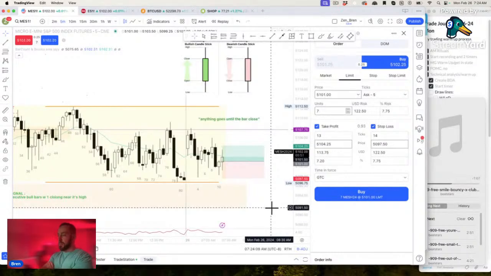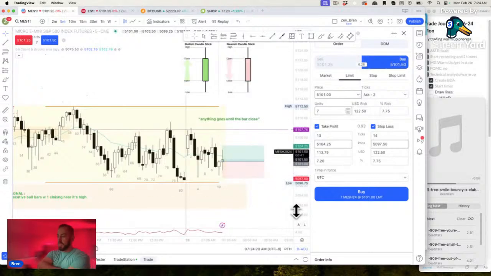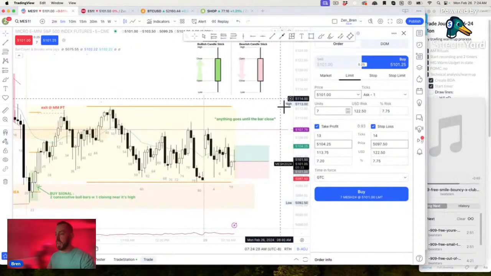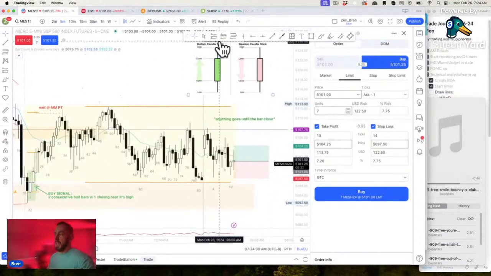Yeah, see, you see how this candle's struggling? You guys can see that? That's why I didn't take that trade. Because there's a lot of selling pressure, right? There's buying pressure and selling pressure. Really, what we're in here is a triangle. And you can draw it.